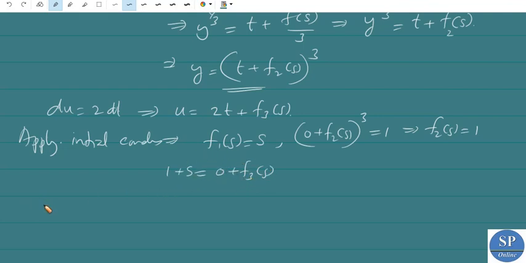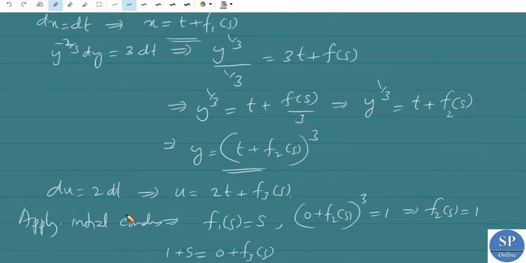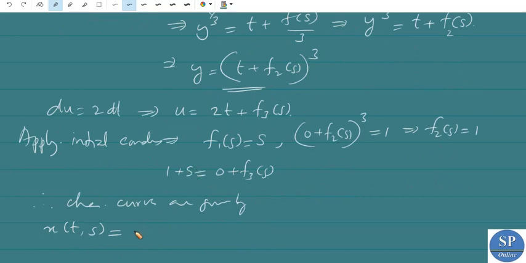So the characteristic curves are given by x(t,s) = t + f1(s), so t + s. Then y(t,s) = (t + f2(s))^3, so (t + 1)^3. And u(t,s) = 2t + f3(s), where f3 is 1 + s, so 2t + 1 + s.